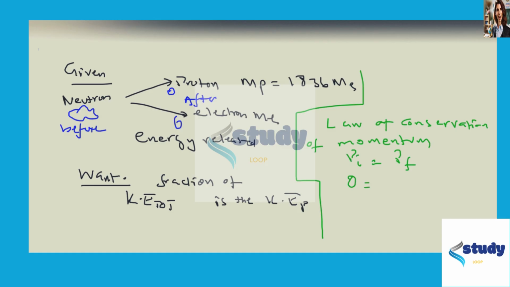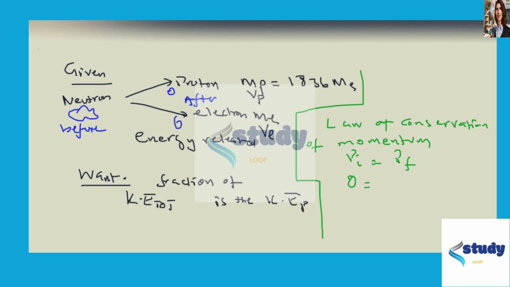And the final momentum is going to involve the velocities. As they're moving, the proton is going to have its own velocity, and the electron will also have its own velocity.